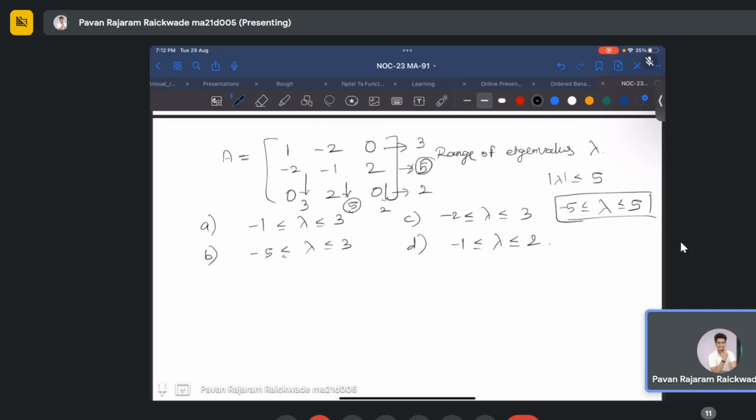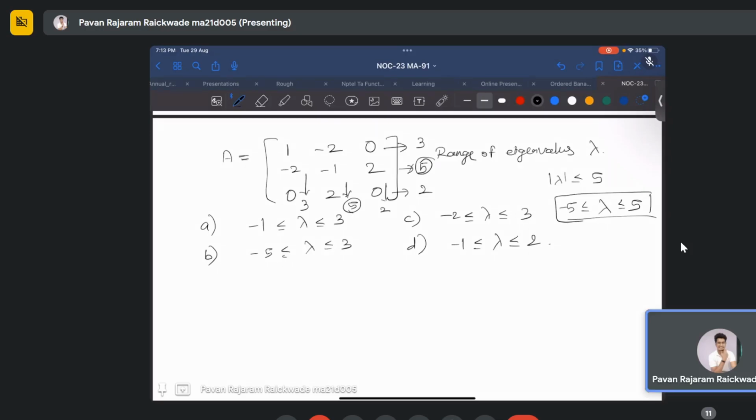Is there any other version of the Gershgorin circle theorem? No, sir, it's a corollary, where we can use it to draw a circle with the help of a center and some radius.